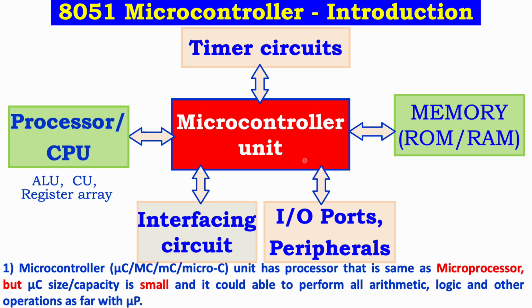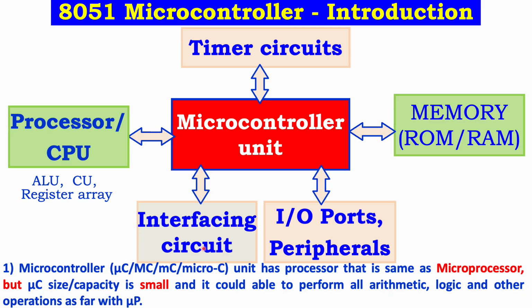The first one is the processor. It is the same as our microprocessor, but the microprocessor is a big computer, while this is a small computer used for small applications. That's why its size and capacity are smaller as compared to the main microprocessor.